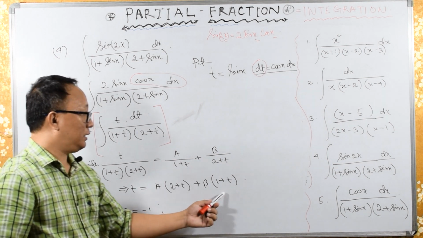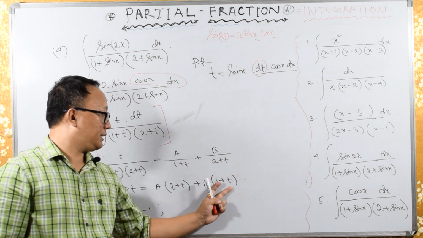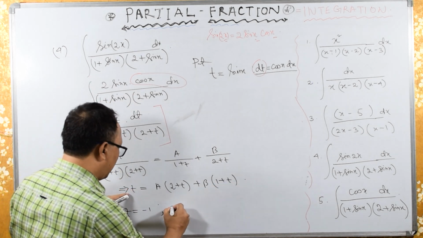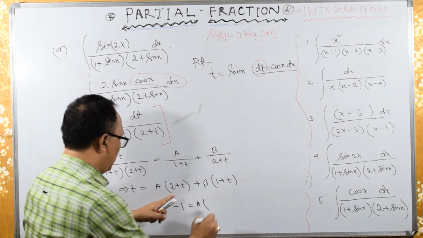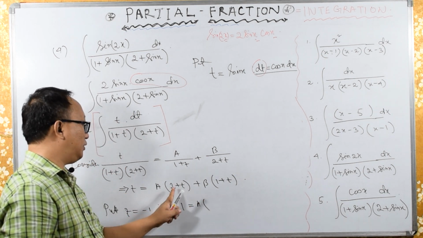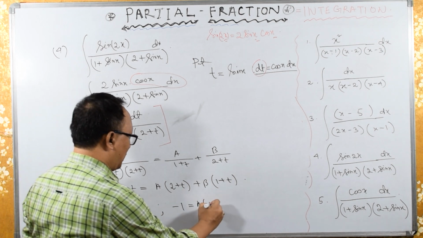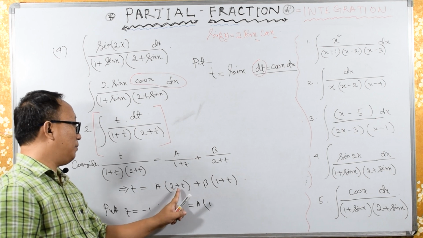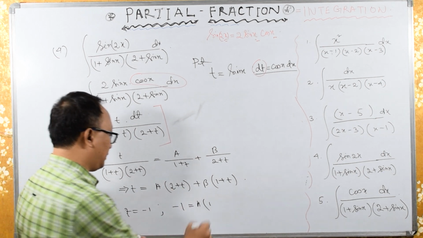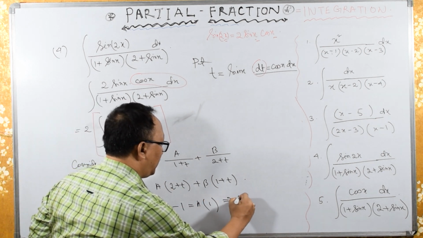If I put t equals minus 1, this term will get 0. Therefore on the left hand side we have minus 1 equals a into minus 1. Here instead of t I am putting minus 1, so 2 minus 1 is 1. Therefore I am getting a equals what?